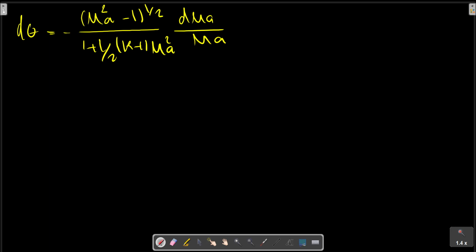With integration of this relation, we obtain this relation also.